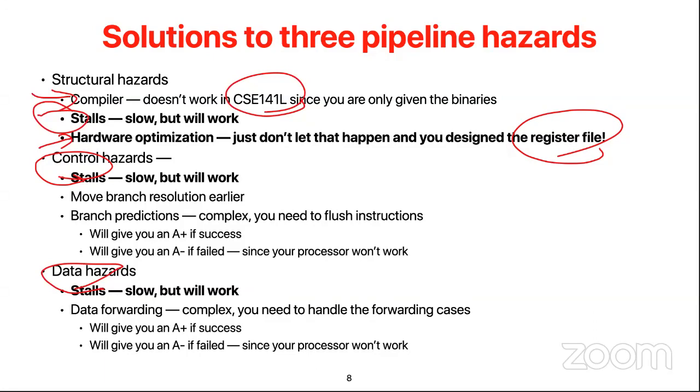If you are lazy about redesigning your register file because you don't know if that's going to make it work or not, then you can think about adding a stall as well. And for the control hazard, a stall is definitely something that's going to work. Another thing you can potentially think about is, like the textbook, moving the branch resolution to the instruction decode stage.